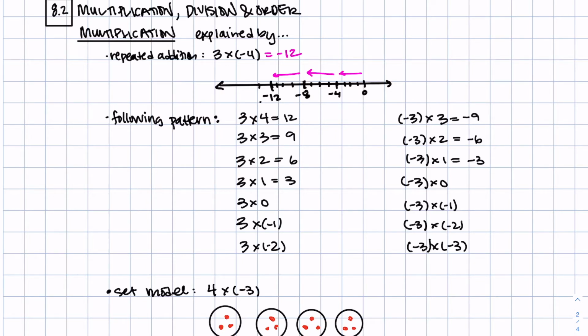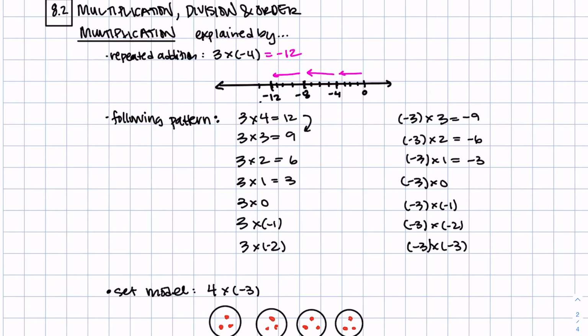We can also try to understand multiplication through examining patterns, just like we did with subtraction. If I already know multiplication on the whole numbers, just starting off with some basic examples, 3 times 4 is 12, 3 times 3 is 9, 3 times 2 is 6, and 3 times 1 is 3.